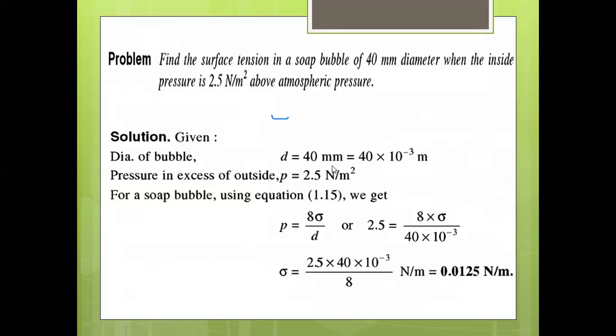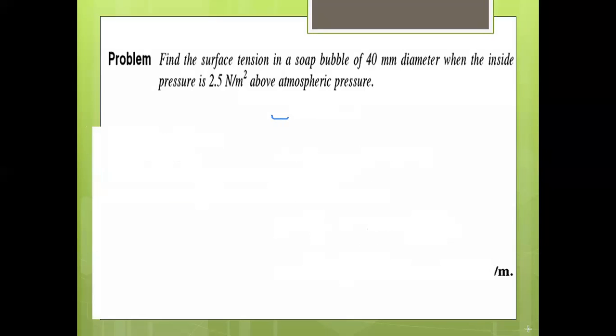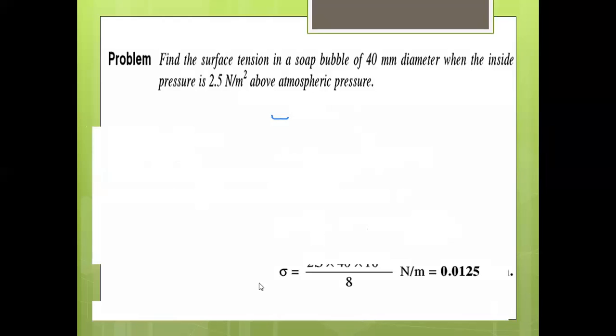So let us solve this next problem. Find the surface tension in a soap bubble of 40 mm diameter when inside pressure is 2.5 Newton per meter square.